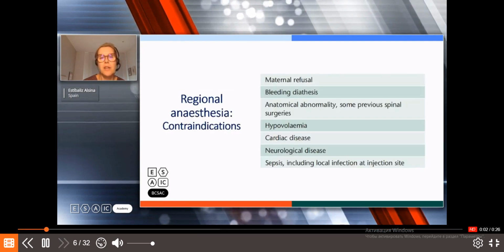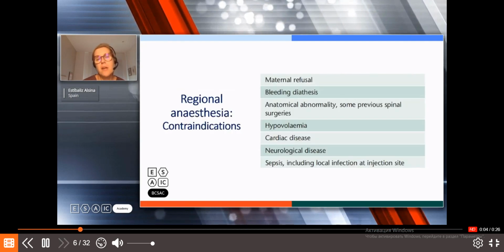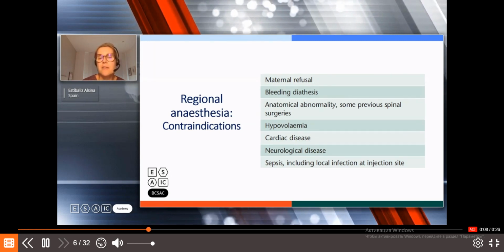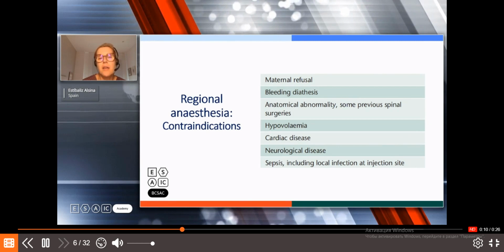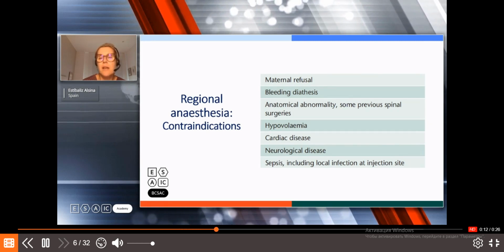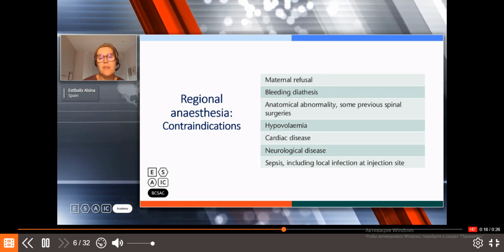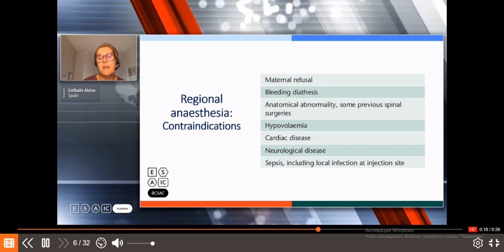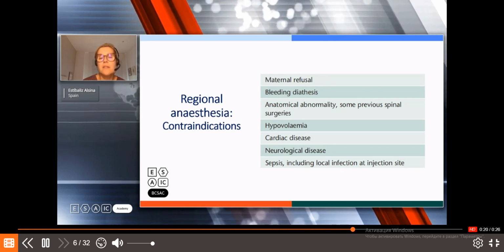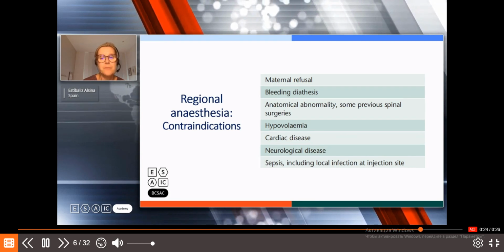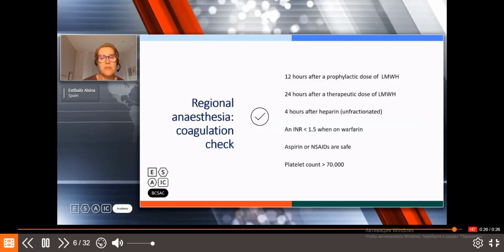What are the contraindications for regional anesthesia? The maternal refusal, for sure, bleeding diathesis, any anatomical abnormality like previous spinal surgery that can complicate the technique, severe hypovolemia, cardiac disease, neurological disease, and sepsis, including local injection site infection.